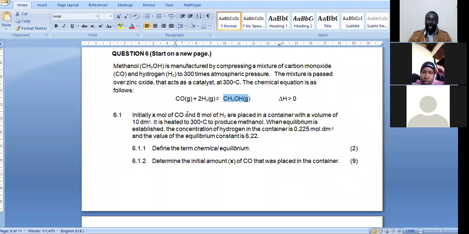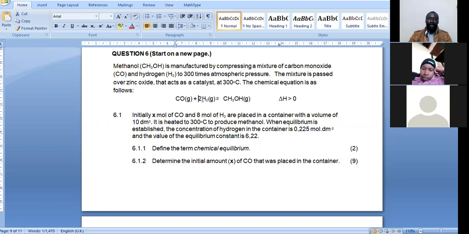It's like trying to say, for every 1 mole of carbon monoxide, there are 2 moles of hydrogen. Now, this is what we have at equilibrium, okay? You guys listen carefully. For every 1 mole of carbon monoxide, we have 2 moles of hydrogen, and that will generate 1 mole of methanol.